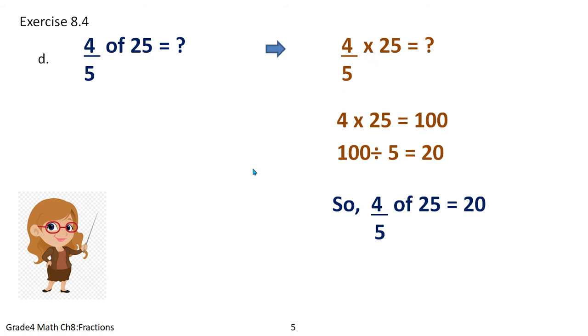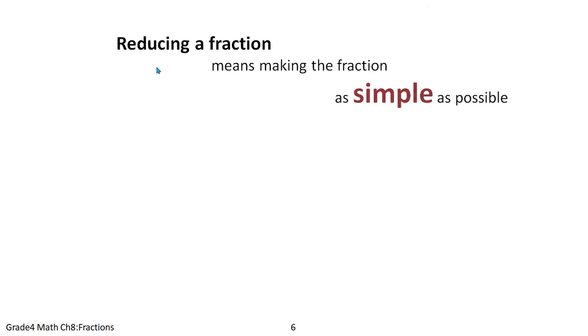So now let's move on to the division section. Okay, now how do you do division? That is, reducing a fraction means making the fraction as simple as possible. What did ma'am say? Whenever you reduce a fraction, reducing means subtraction. Subtraction means repeated division.